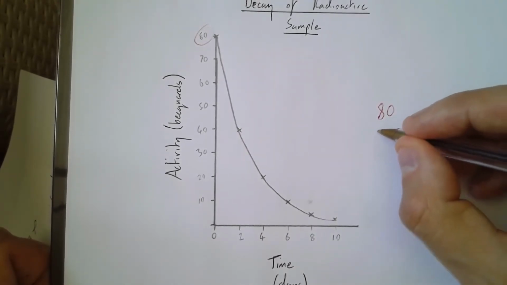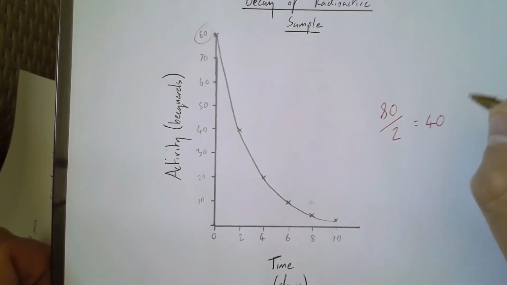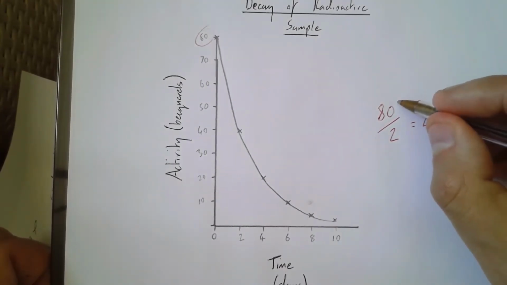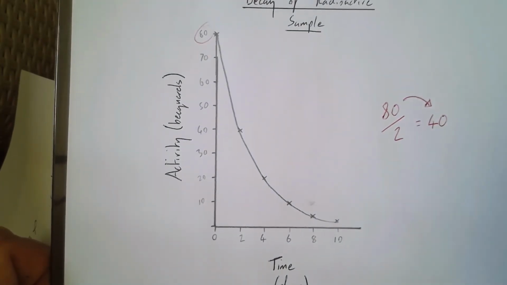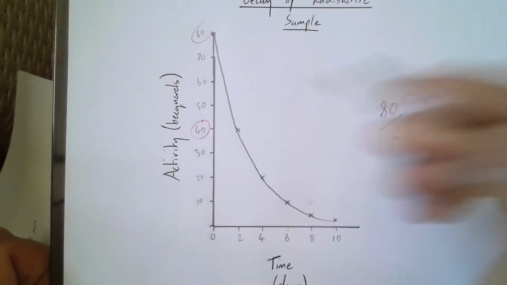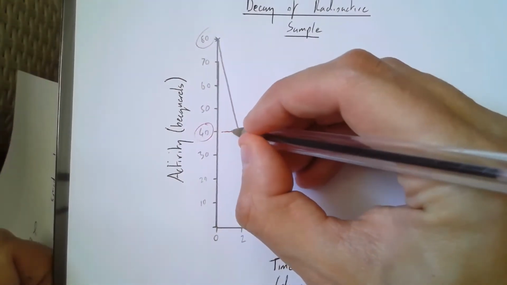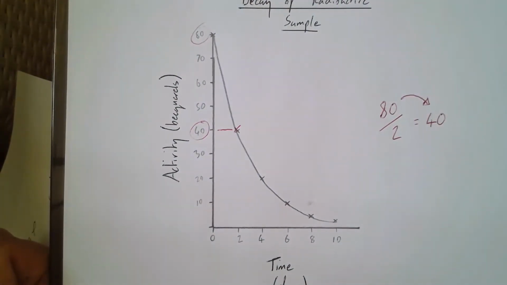So if we divide 80 by 2, we need to know how long it takes to go from 80 becquerels to 40 becquerels, half of that. And if we look at our y-axis, we find 40. We look across. This is the point on the graph at which we have our half-life.